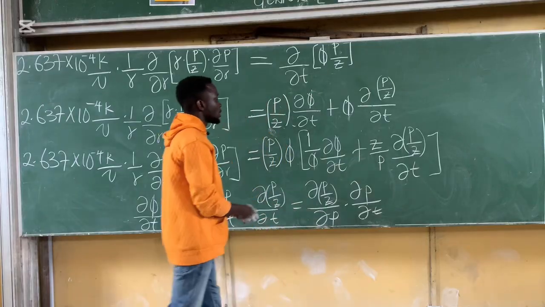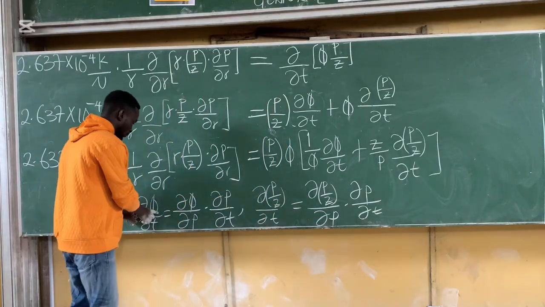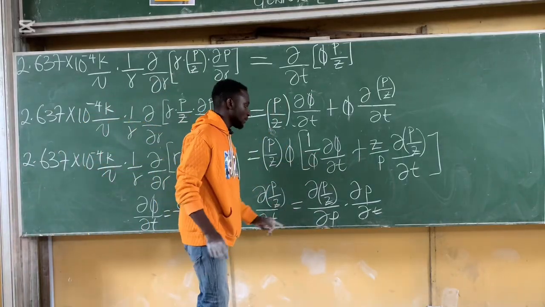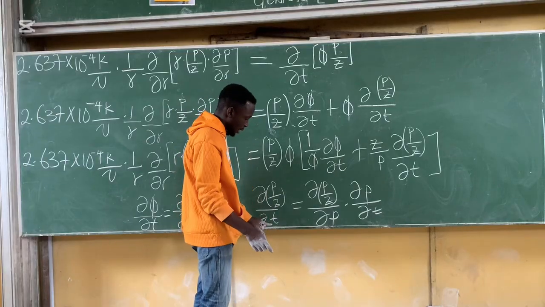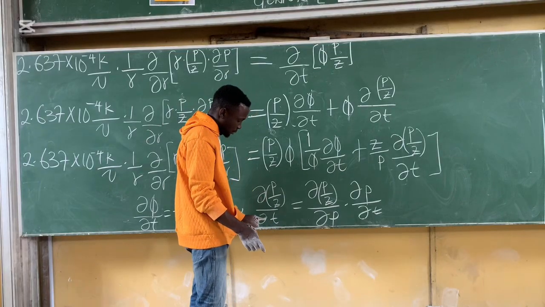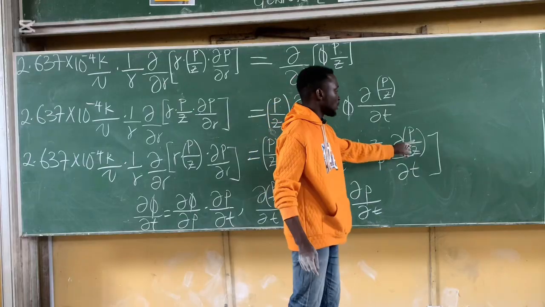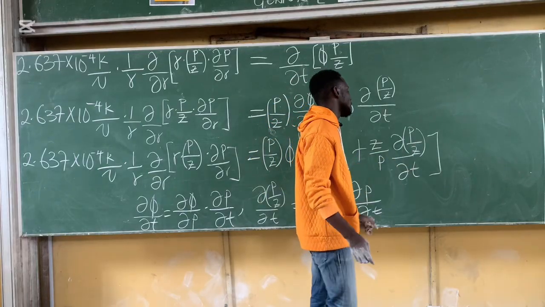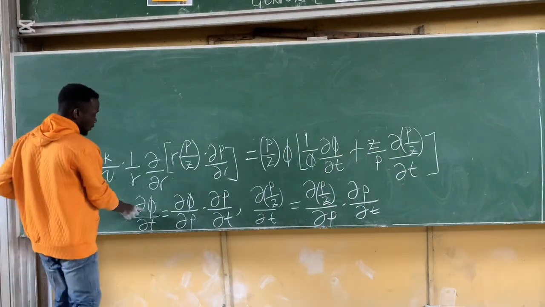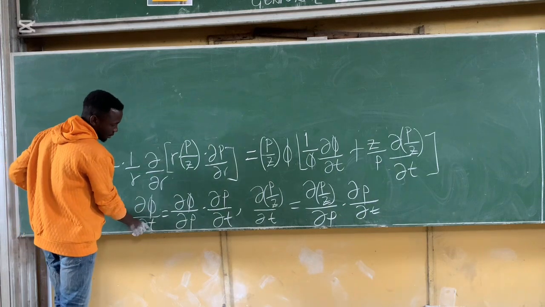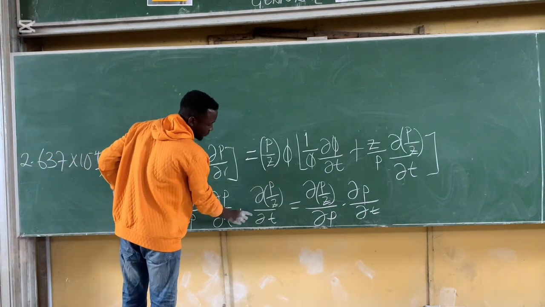If that is the case, let's substitute the value of d phi dt in place of here, then the value of d of p over z over dt in place of d of p over z over dt.